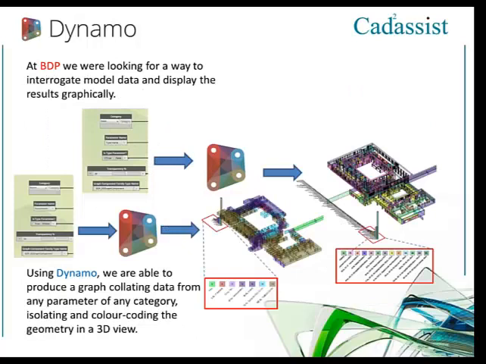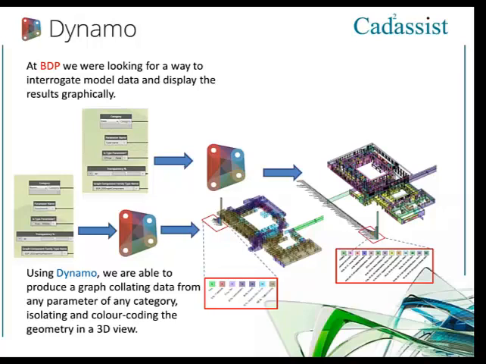Secondly, similar to KPF, using Dynamo to represent information graphically so they can make decisions quicker and faster about their design. BDP use Dynamo to interrogate model data and display the results graphically.